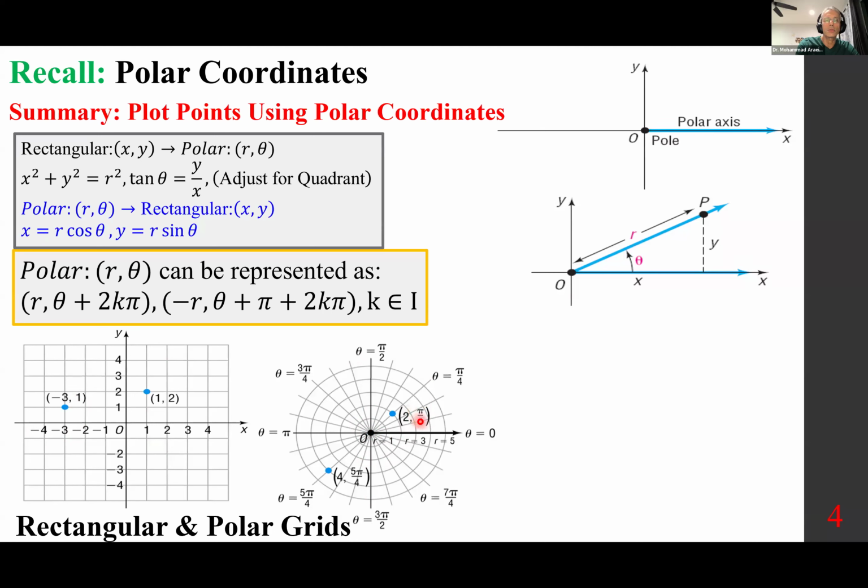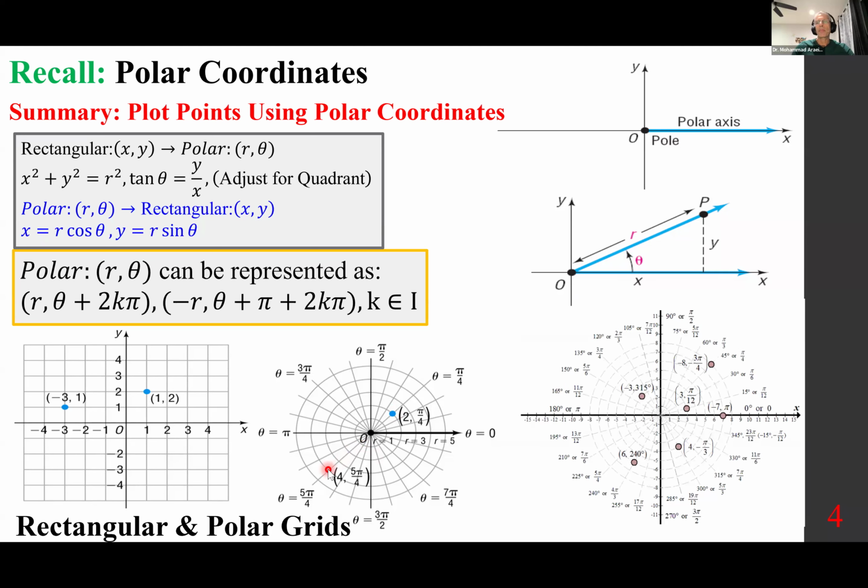For example, if you want 2, pi over 4, first you locate theta equals pi over 4, and you go 1, 2 tick marks. That means the second circle. For 4, 5 pi over 4, you find 5 pi over 4, and you count 1, 2, 3, 4. This is how you plot them, and more of them are here.